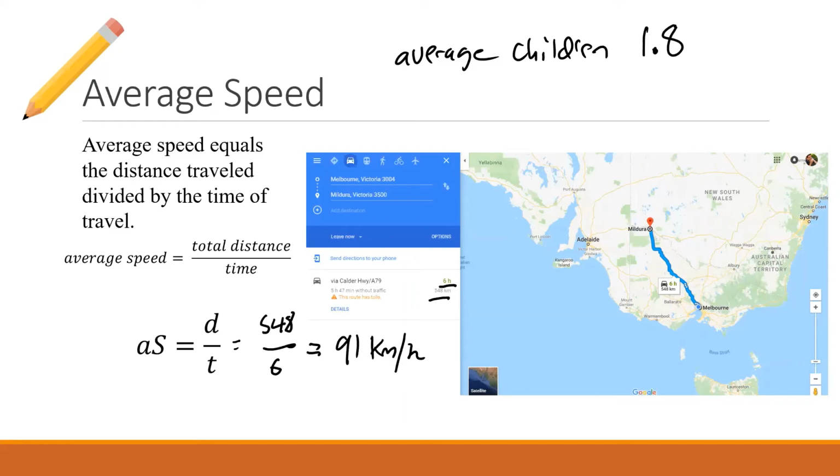It just means most houses have 2 children, and a couple of houses have 1 child. This doesn't mean that you're traveling 91 kilometers an hour. It means that most of the time you're traveling 100 kilometers an hour, and some of the time you're traveling 60 kilometers an hour, or you're stopped at 0 kilometers an hour. So just keep that in mind when we look at average speed.